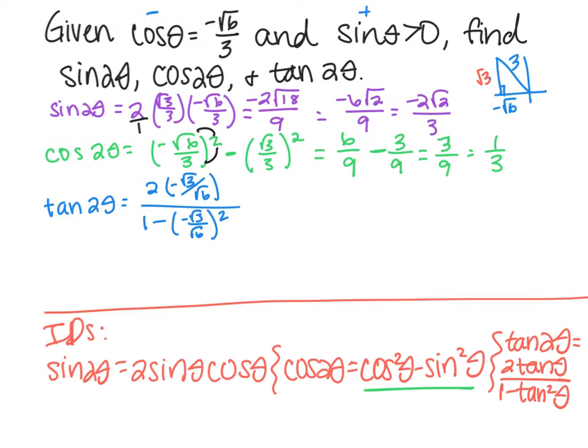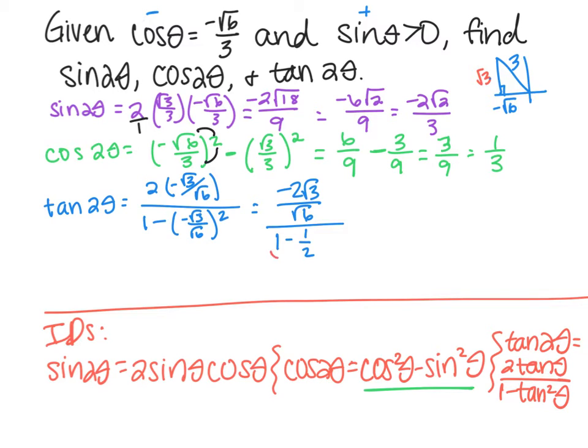So now, as always, it's just the mess of simplifying all this. So on top, we get negative root 3 over root 6. We'll worry about rationalizing in a minute. On the bottom, we get 1 minus 3 over 6, which will just reduce to 1/2.